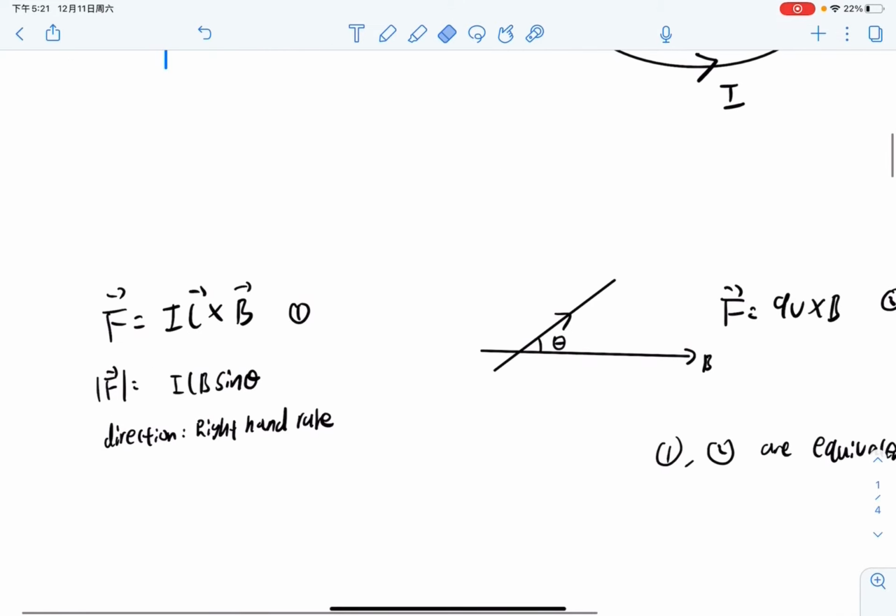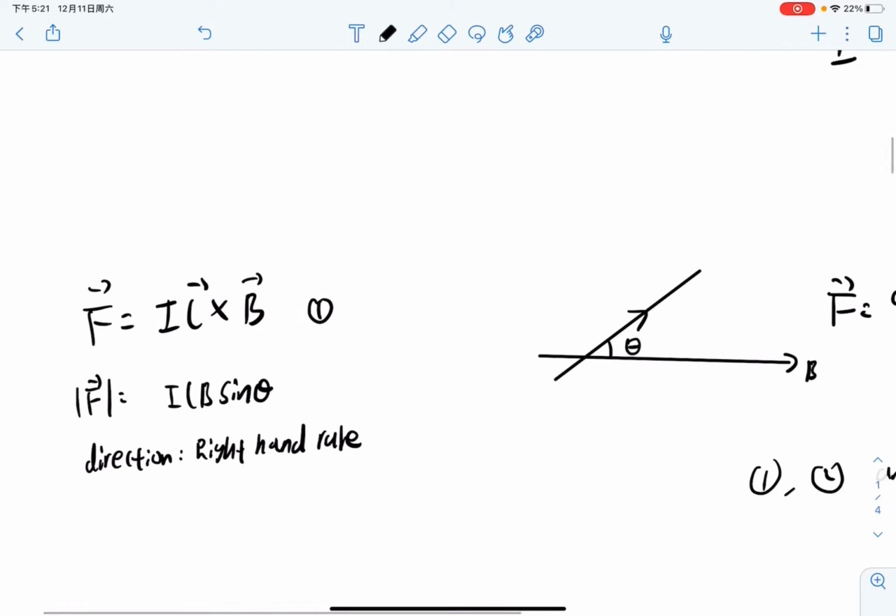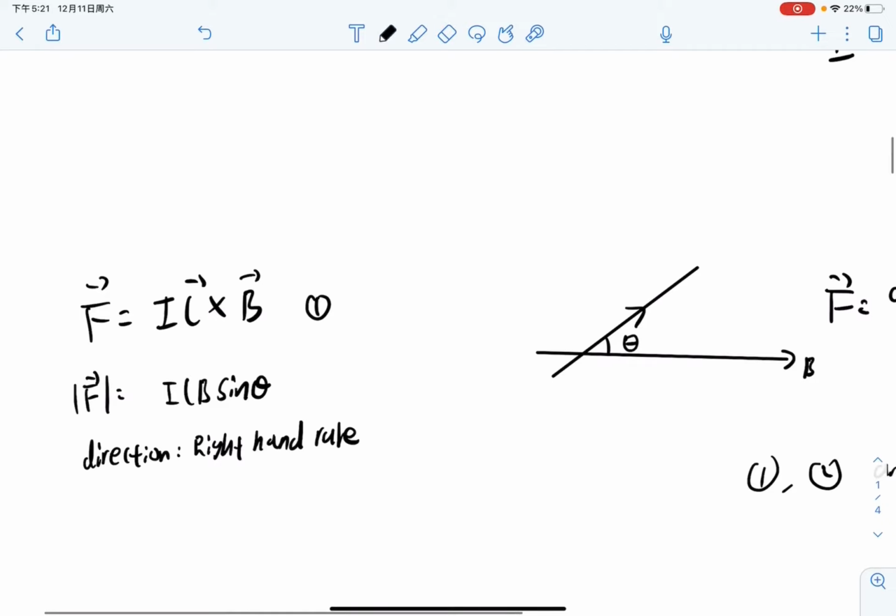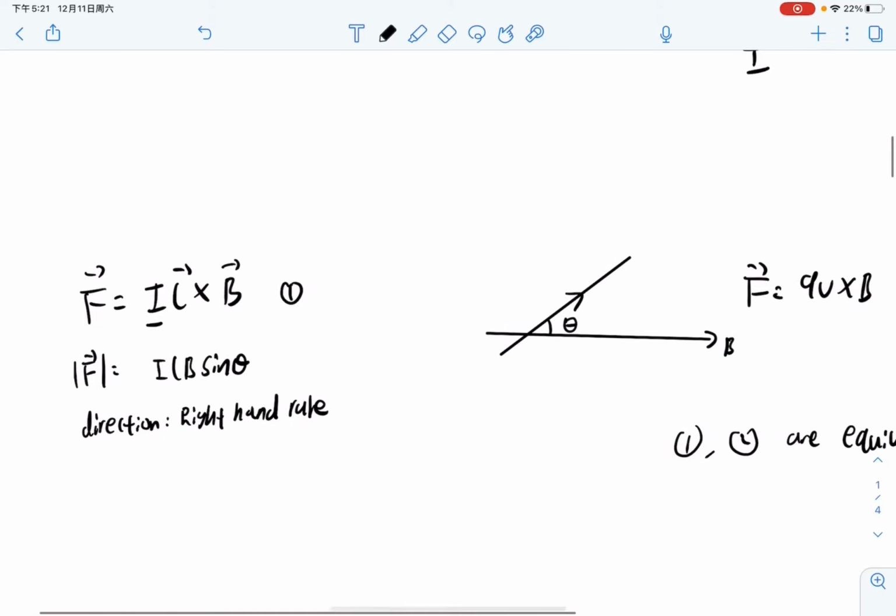The third topic we're going to review is the magnetic force felt by the wire, which is equal to I L cross B, where I is the current and L is the length of the wire.